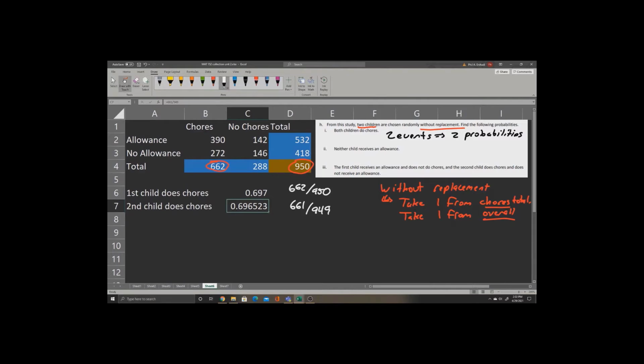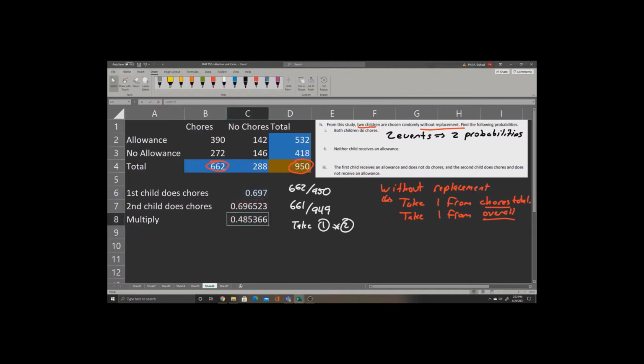Now, to find the final probability, we are going to take the first answer times the second answer. That is, we're going to take the probability of the first child doing chores times the probability of the second child doing chores. We'll let Excel handle the math for us here and say equals the first box multiplied by the second box.